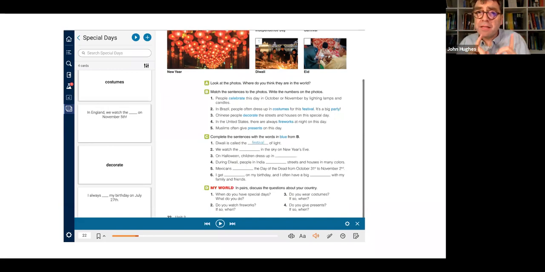What's nice about the ebook, you'll see on the left-hand side, the ebook version has these flashcards. So when you come across a new word like costumes, you can type it onto the flashcard on the left-hand side, and then you can flip it around and you could write the definition, or you could put a gap fill in it, and then you can come back to the flashcards and you can test students at the end of the lesson.